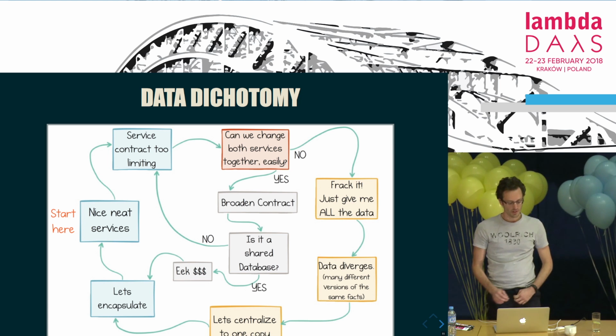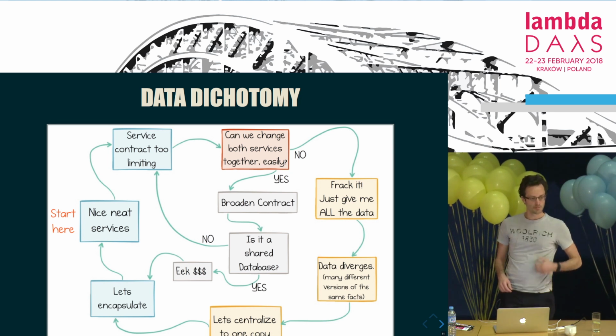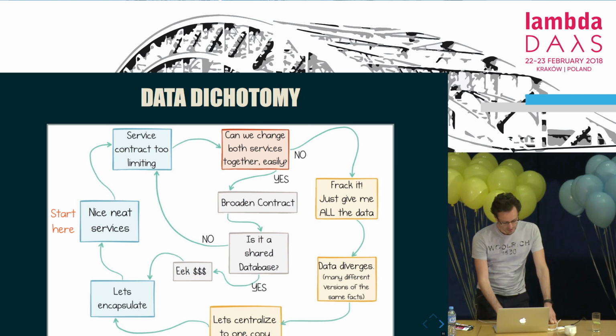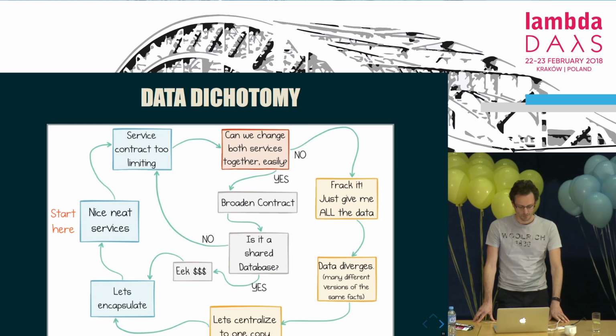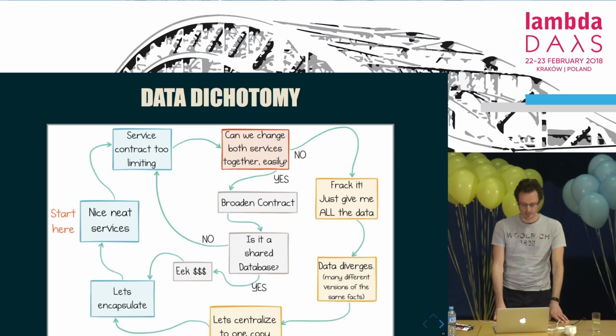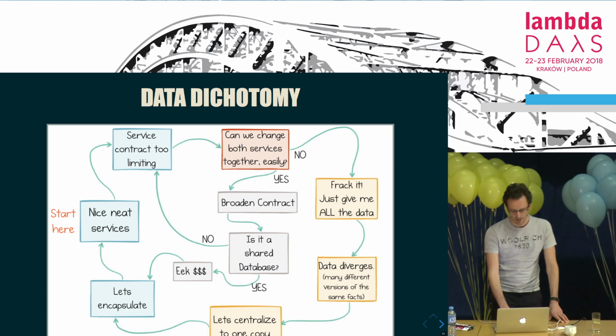Scaling up databases vertically in RDS, for example, gets really expensive really quickly. If it's not a shared database, then probably, again, the service contract is too limiting, because no matter what you do, people normally just want to do some specific queries that are always a pain if you do them with an API.